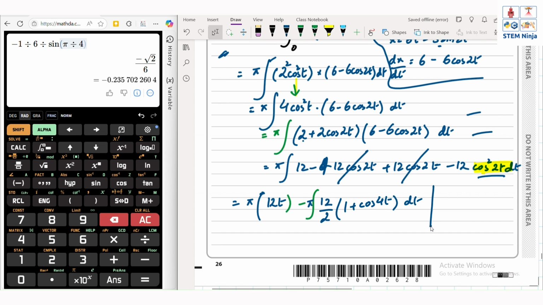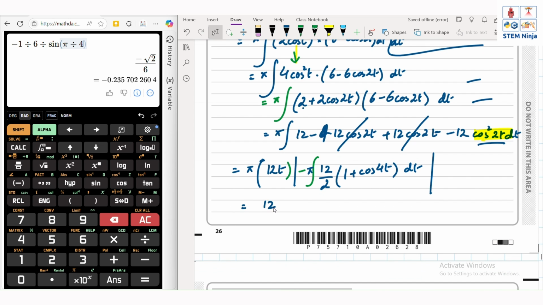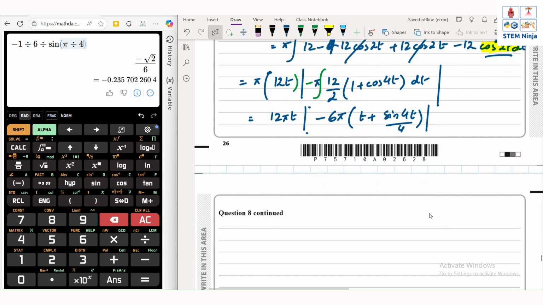We will deal with the limits in a second. So this is 12 pi t from lower limit to upper limit, minus 6 pi times t plus the integral of cosine, which is sine 4t over 4, from lower limit to upper limit.